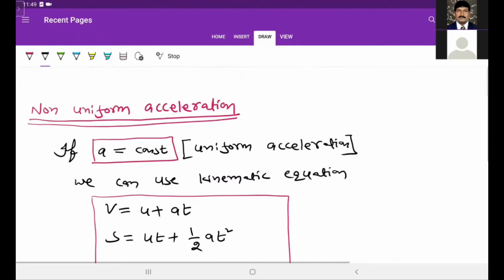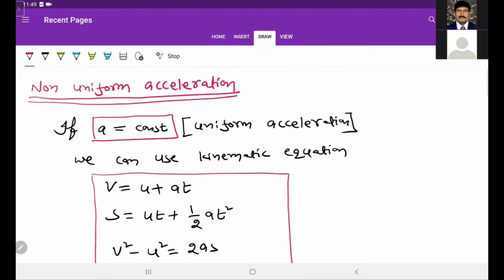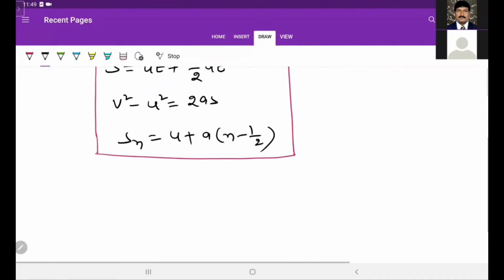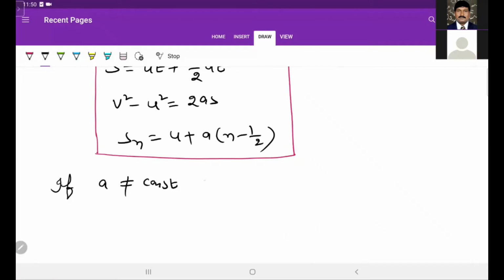But if I take non-uniform acceleration, A is not constant. If A is not constant, then we call it non-uniform acceleration.